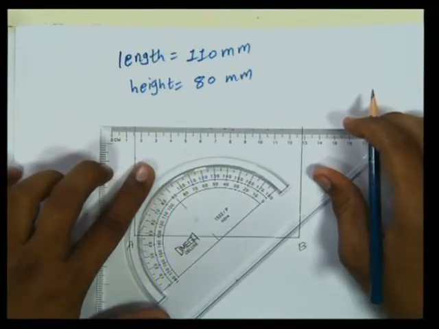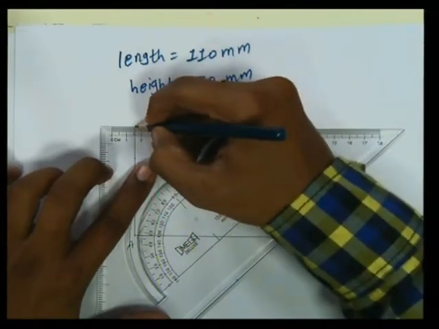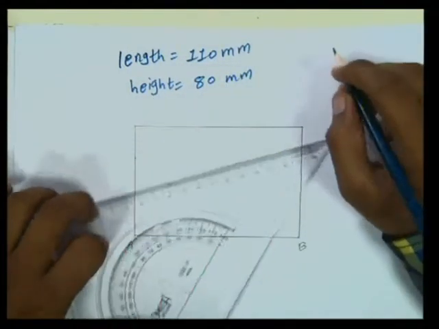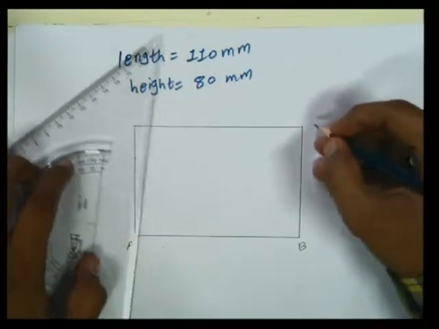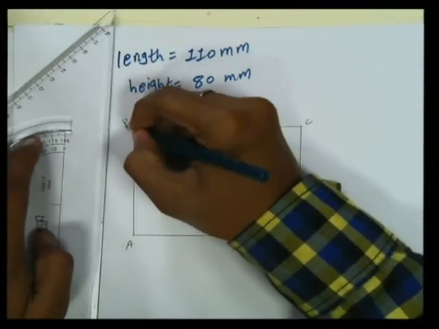Joining both these lines will give our rectangle of 80 by 110. We'll name the corners C and D.